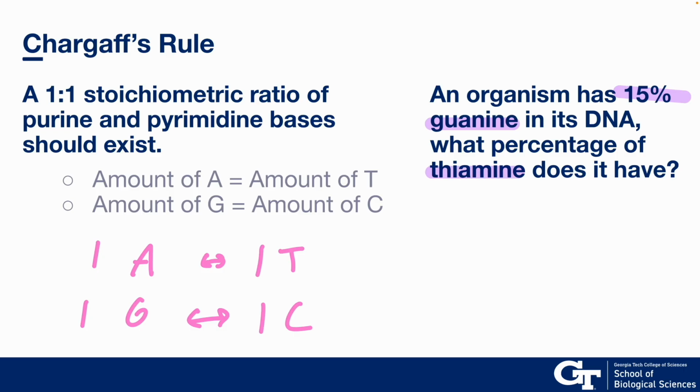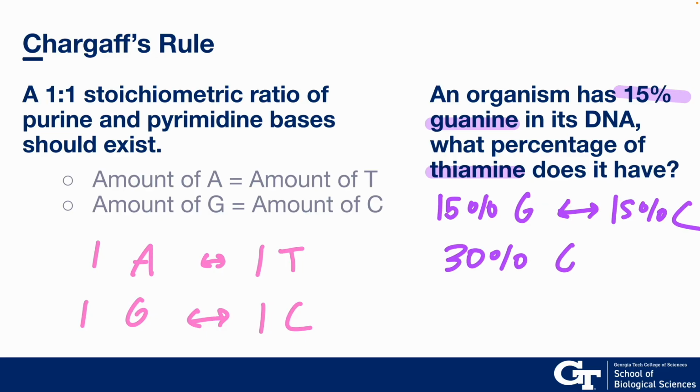Well, let's go through and let's do the math. So if we have 15% G, we must have 15% C, which means that 30% of this organism is G and C, and that means that the other 70% must be A and T. Okay?